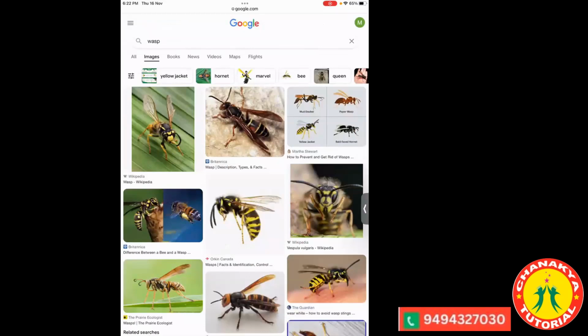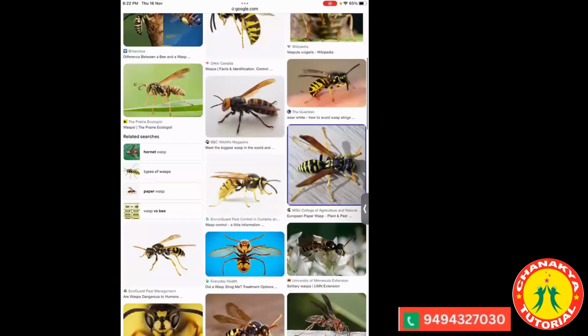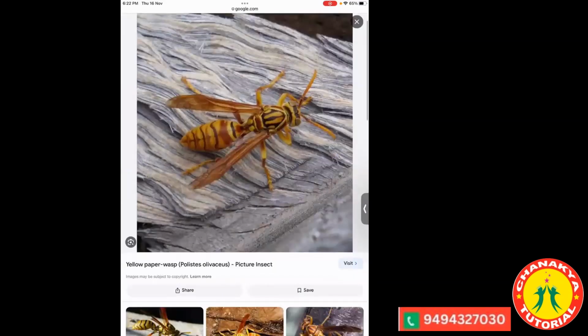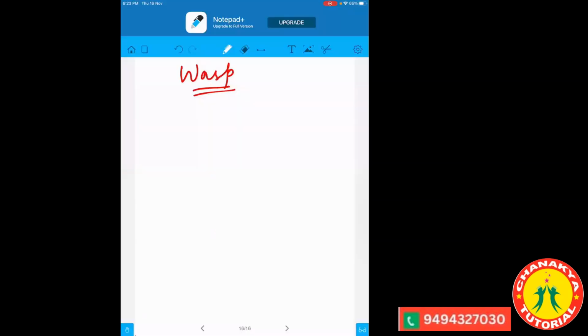But these wasps will be flying high, like the bees and all. So you can see this is the honey bee kind of thing. So these contain what? They contain a base in the sting. So the wasp, like the honey bee, their sting is what? Basic.